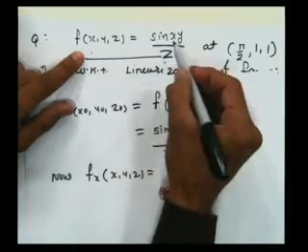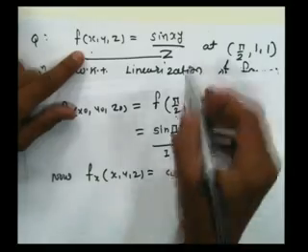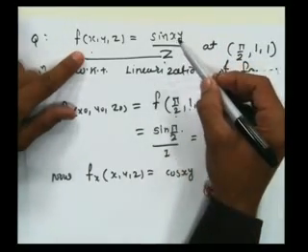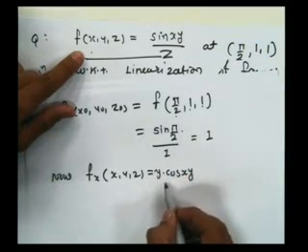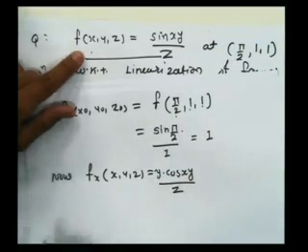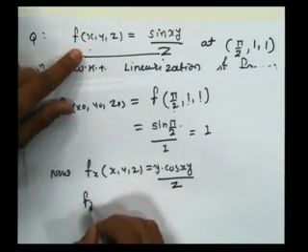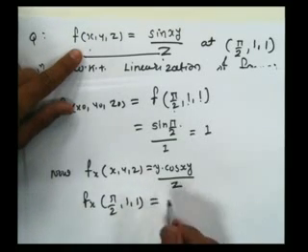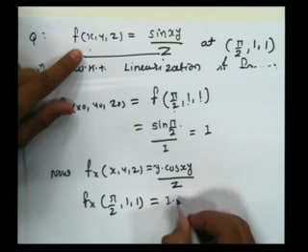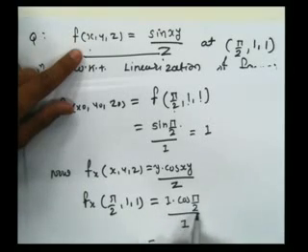Differentiation of sin(xy) is cos(xy), and differentiation of xy with respect to x is y, so it is y cos(xy)/z, because z is constant here. So fx at (x, y, z) is this. We want fx at (π/2, 1, 1), so this gives 1 · cos(π/2)/1. Now cos(π/2) is 0, so the final answer is 0.